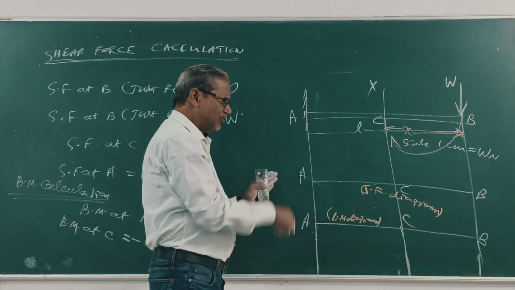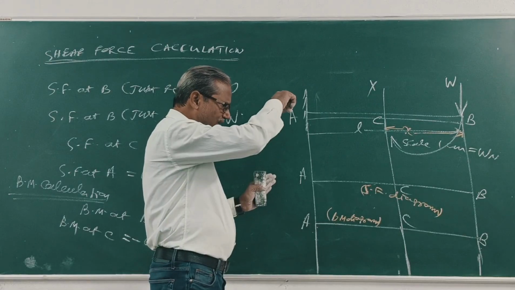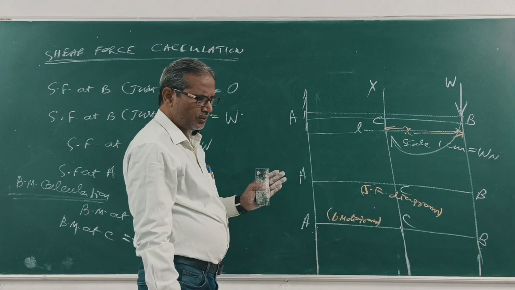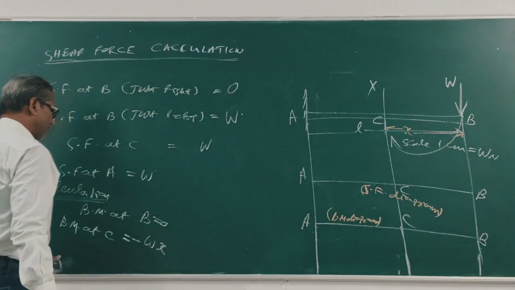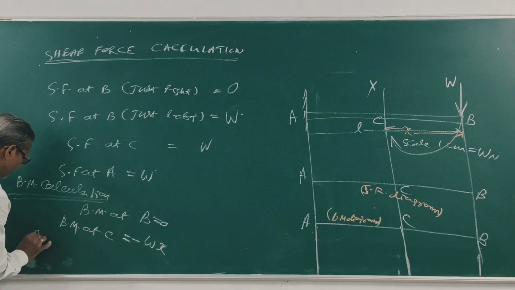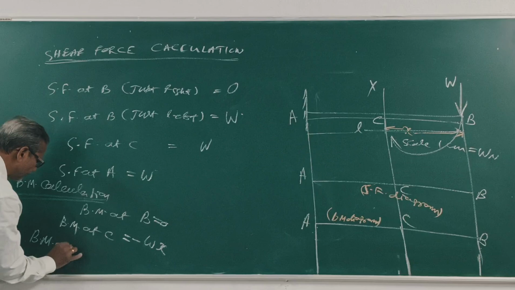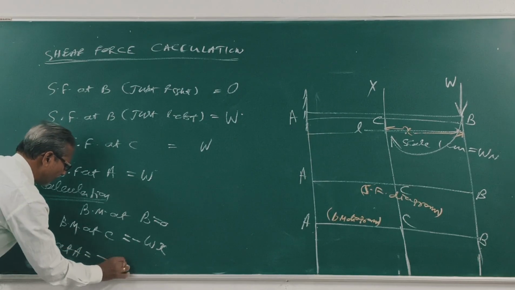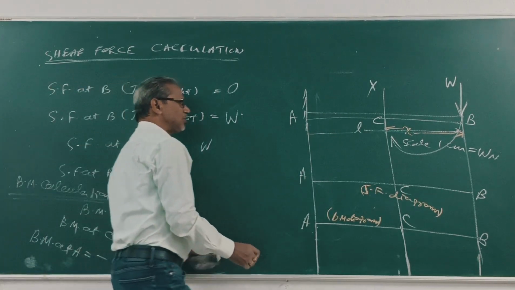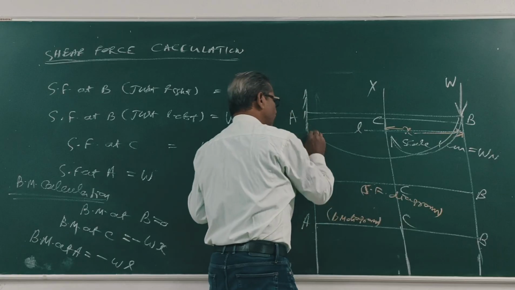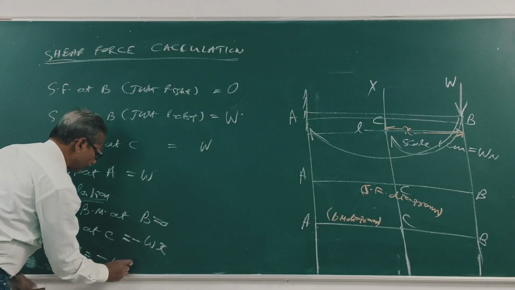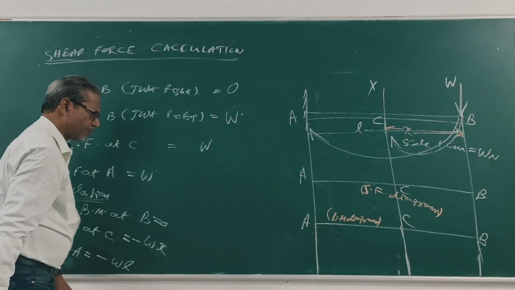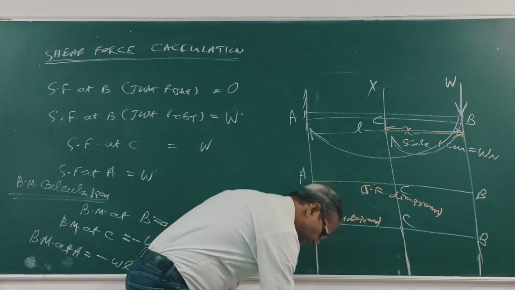Right side downward load gives clockwise moment, which is negative. So minus W into X. Similarly, at A, bending moment is minus W into L. Right?